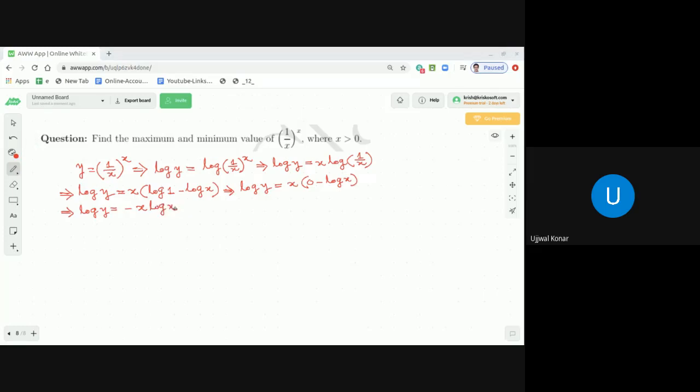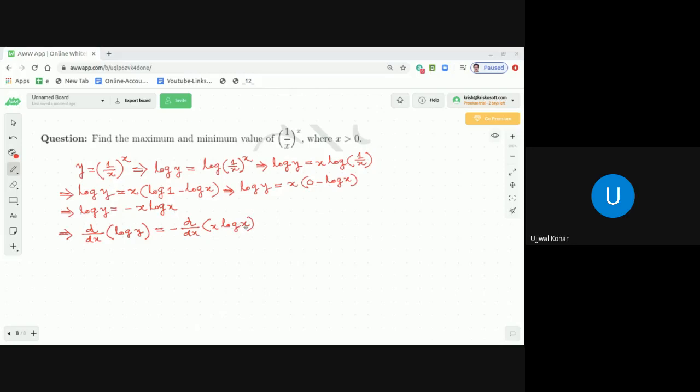Correct, dear students? Now we need to find dy dx. To find dy dx, we need to differentiate both sides with respect to x. So this implies d dx of log y should be equal to minus of d dx of x log x.